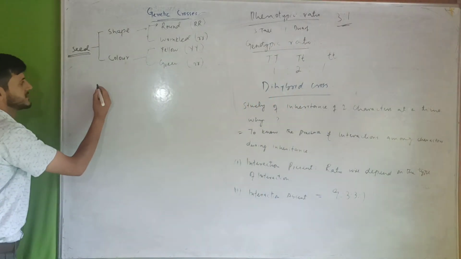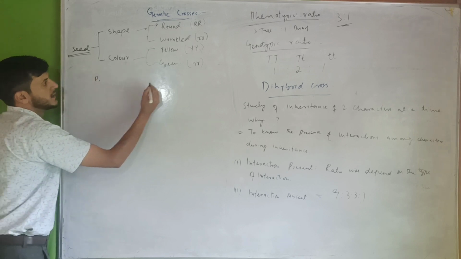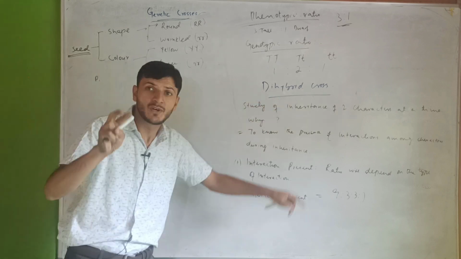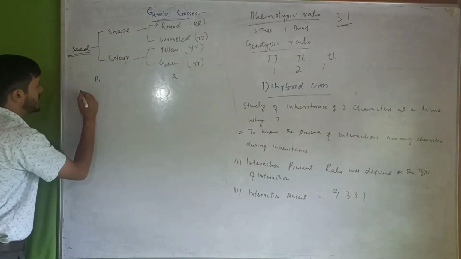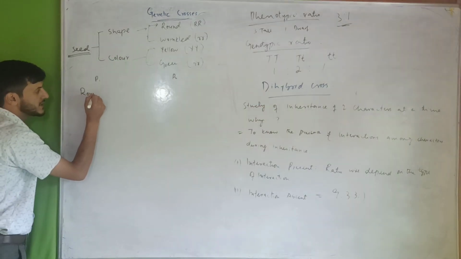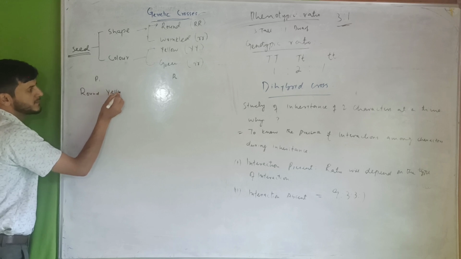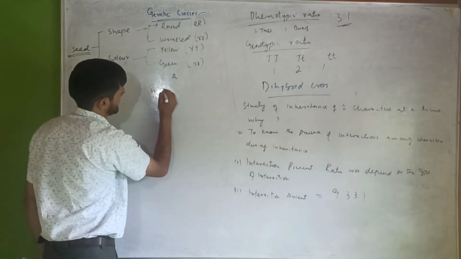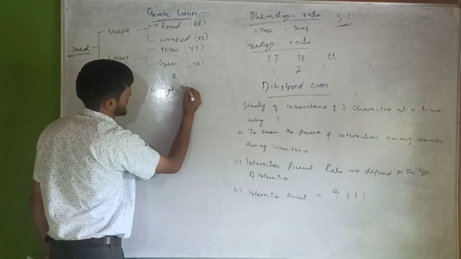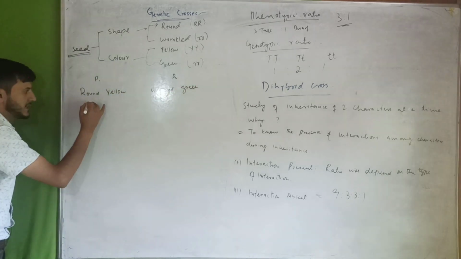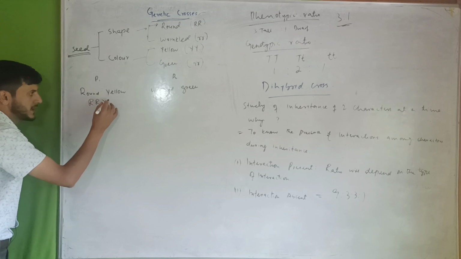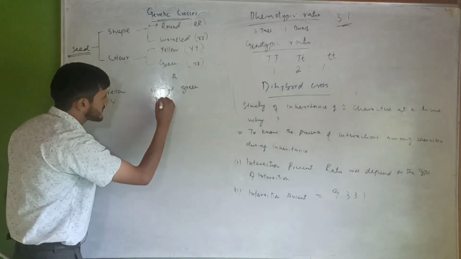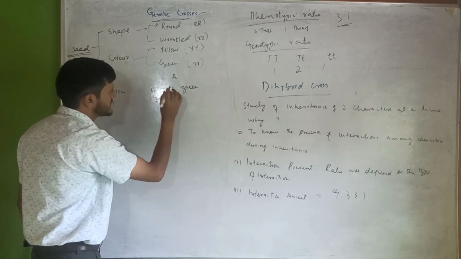We have two parents, parent 1 and parent 2. We are studying the inheritance of two characters. So, one will be round yellow, capital R, capital Y, and the second parent will be wrinkled green, small r, small y.